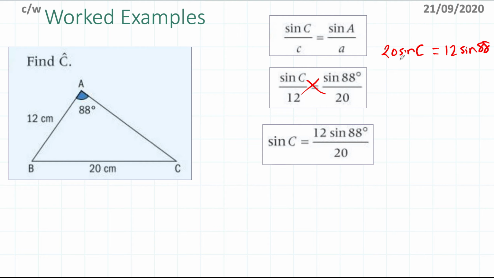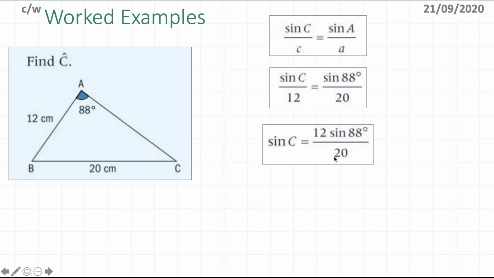Then you divide by 20 on both sides, so you end up with sine C equals 12 sine 88 divided by 20. Or you can say, to get rid of the 12, I'm going to multiply by 12 on both sides. This gets rid of the 12, and I'm left with sine 88 times 12 over 20, which is what you get here. So any method you want.